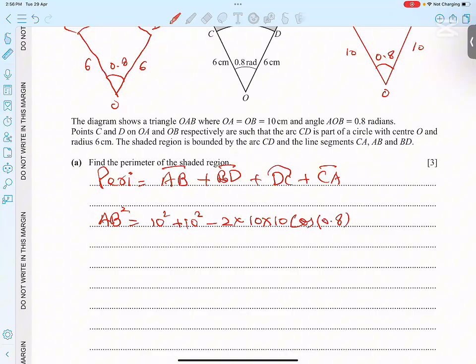And if I take the root of this, and eliminate this power, it will give us the AB straight length. And if we check it in a calculator, it is giving us 7.778.